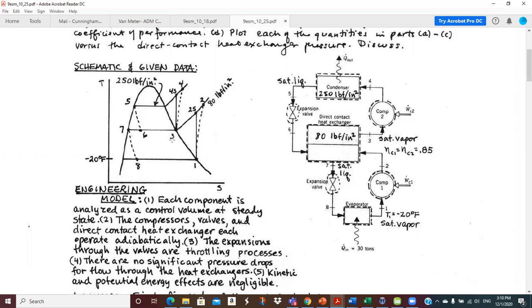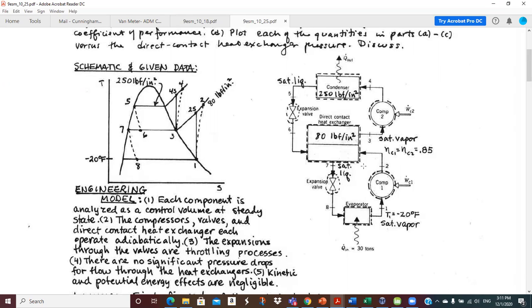And then we mix coming off of the expansion valve over here. So this will be back at 80, because when we come through this expansion, we're going to pump it up to 250, but we condense it, but it's going to come back over here. So this will be a 2-phase mixture coming in at 6, which we show right here.